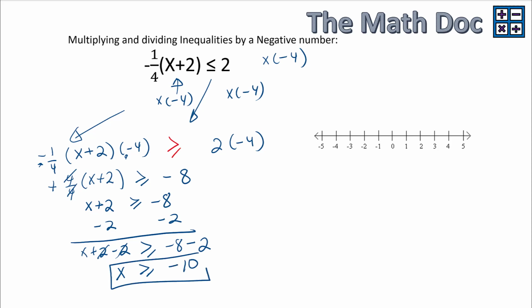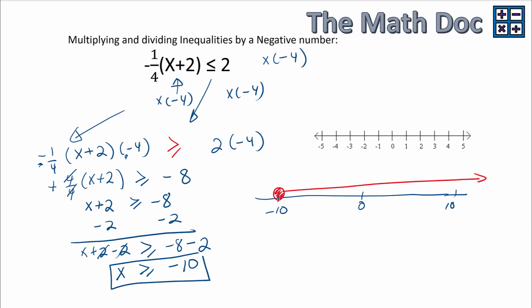So x is larger or equal to negative 10. Well, I think we're going to have to draw another number line so that we can fit this result here. Let's write it like that. Okay, and so we have x, let's change our color. X is larger or equal to negative 10.